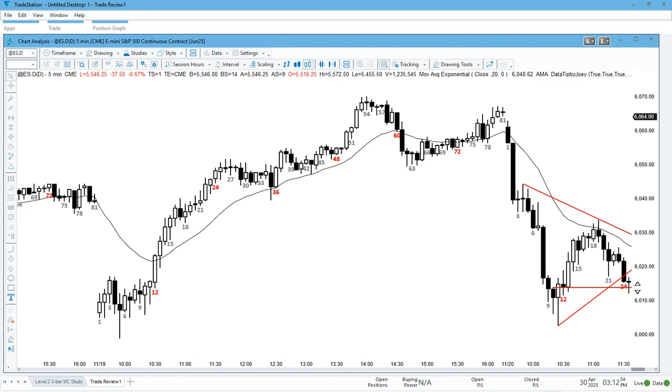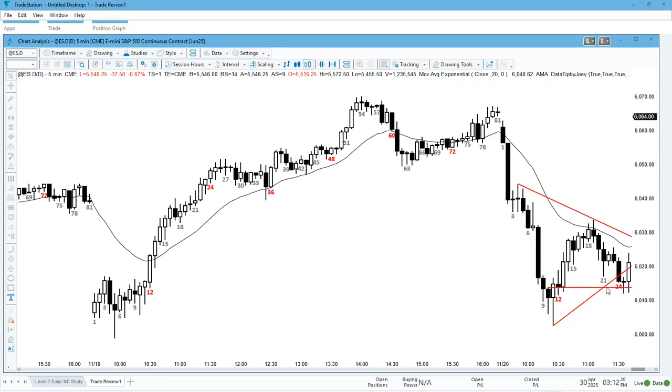So 25 is a warning that bears who were short might bail out of a trade, and the bulls can buy the close of 25. It increases the probability, or increases the risk, of a breakout to the upside on 26. So if you're short, probably better to be quick to get out.